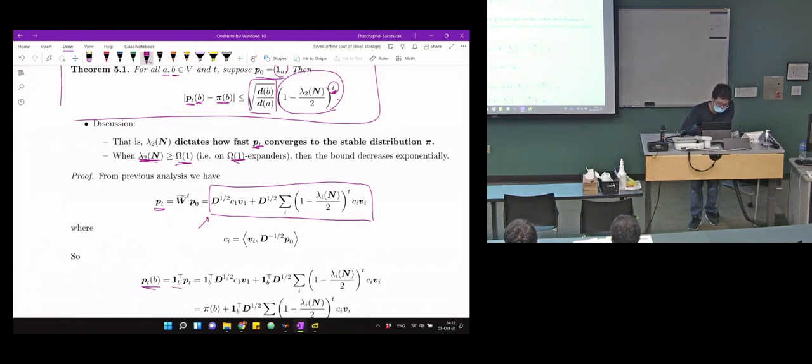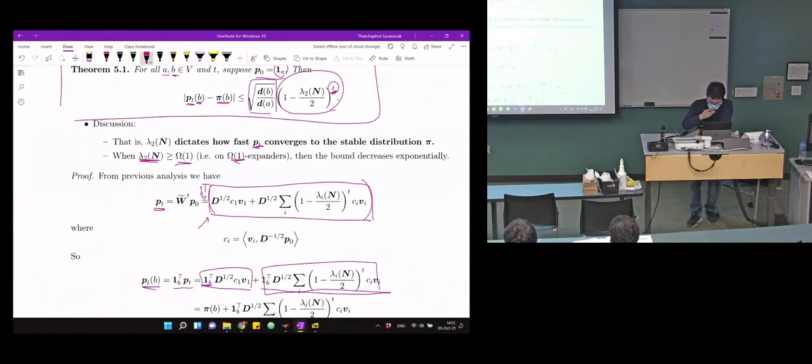This is just the indicator vector of B times P^t. Okay, and we just multiply it on, and now this whole thing is times 1_B, which is this thing and this thing.